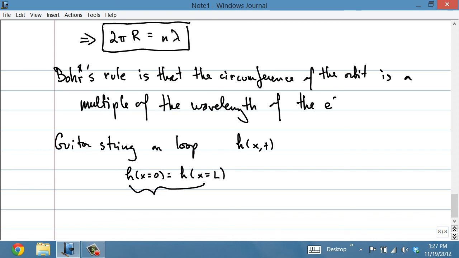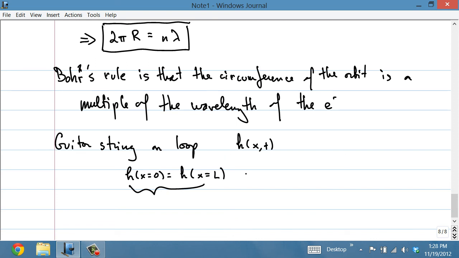Now, for a guitar string, this is not a very natural boundary condition. I mean, if our universe were a torus, and if our guitar string were the size of the universe, or if our universe were a sphere and the guitar string were the size of the universe, then it would be a natural model for it. But for normal guitar strings, this is not a boundary condition that we would naturally impose.